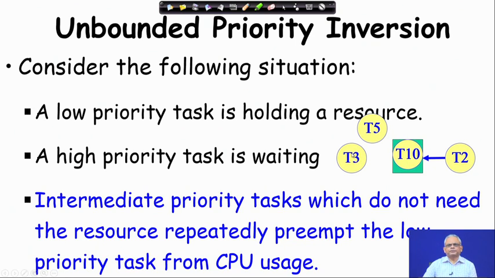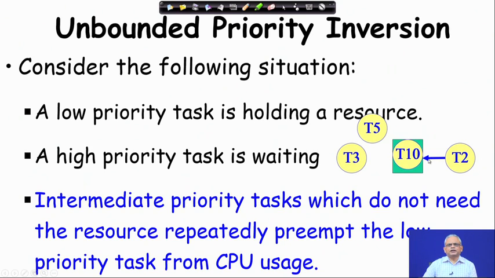And since these are higher priority than T 10, T 10 is preempted and it cannot complete its execution, and meanwhile T 2 keeps on waiting.